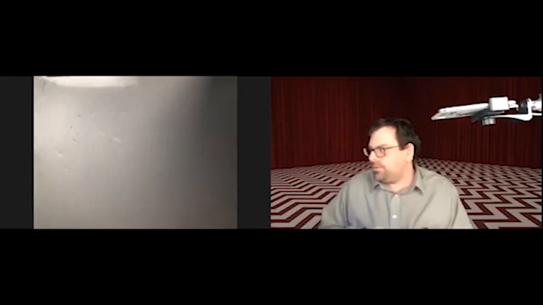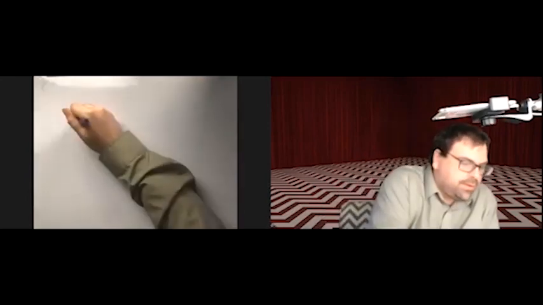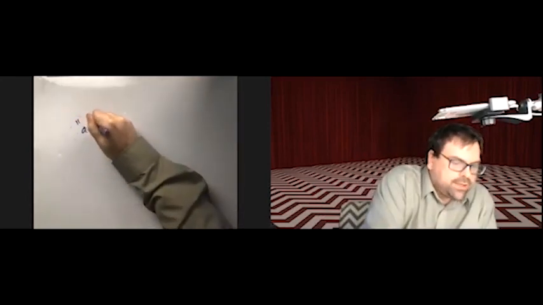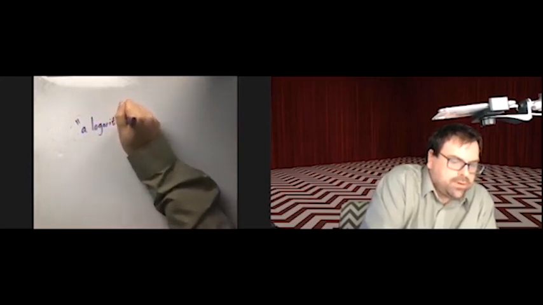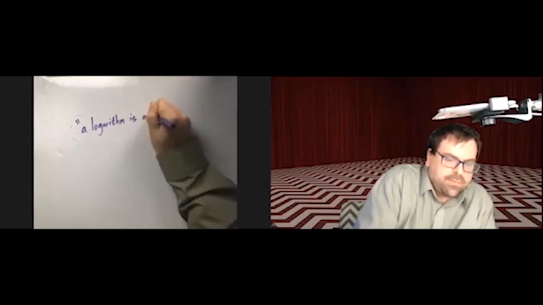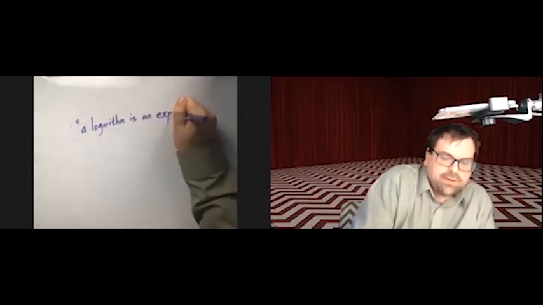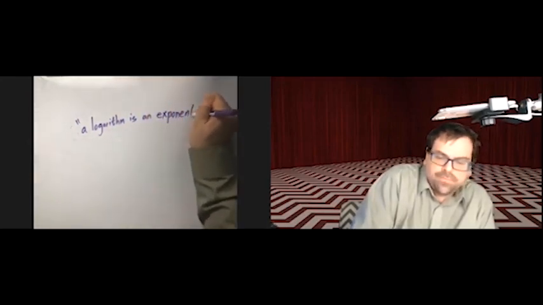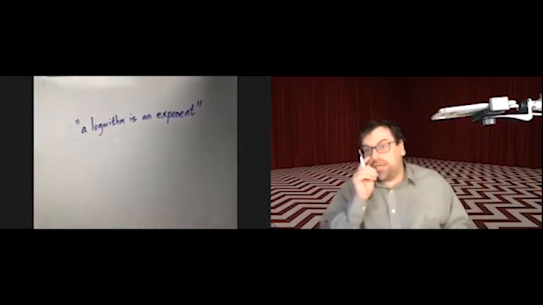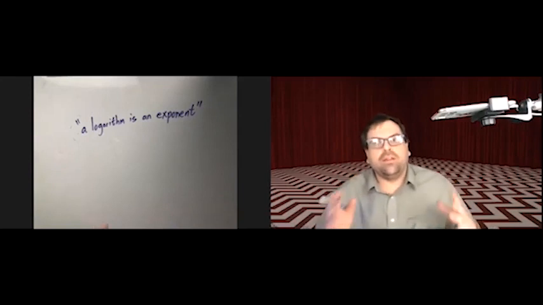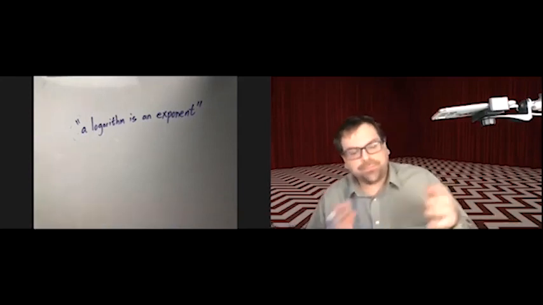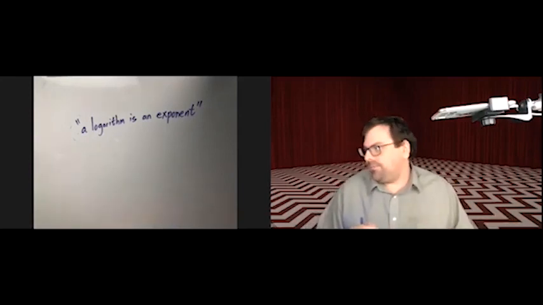Back into review. What is a logarithm? Remember, a logarithm is an exponent. And we can use this to go back and forth between log notation and exponential notation.